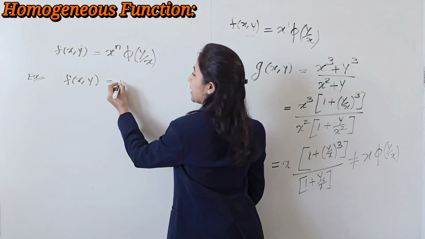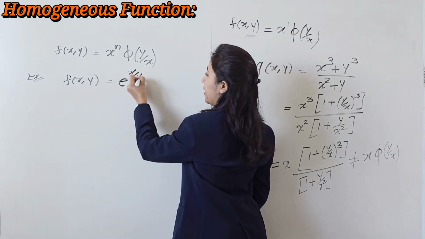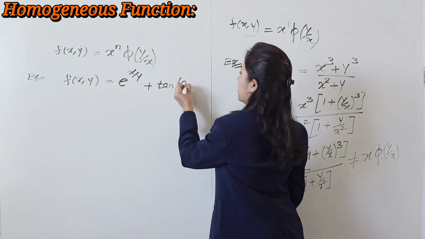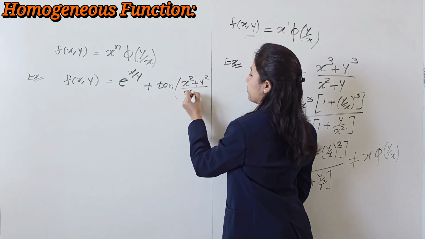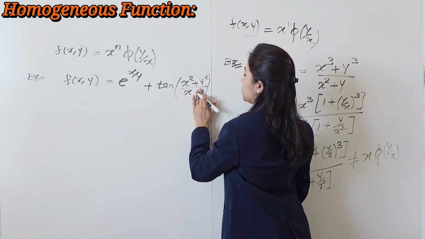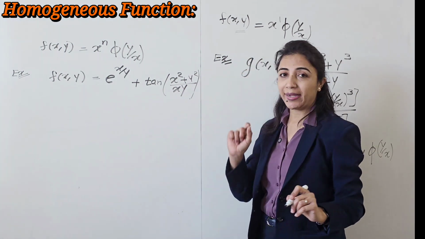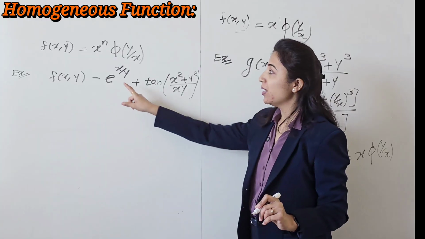Now consider the next example. Suppose we have given the function e power x by y plus tan of (x square plus y square) divided by x into y. Now here we again have to take x common from the numerator and denominator.